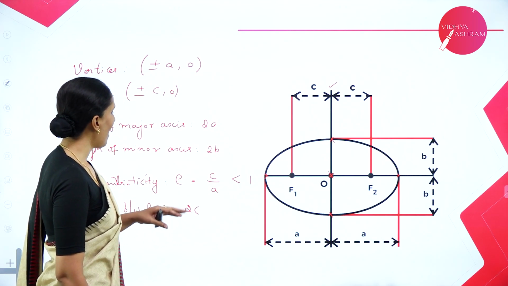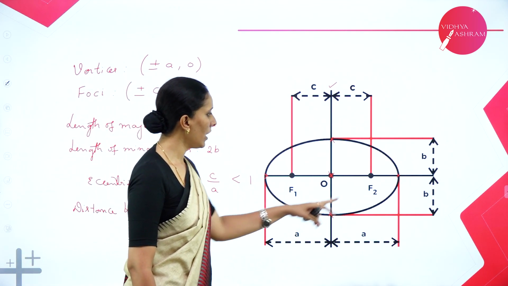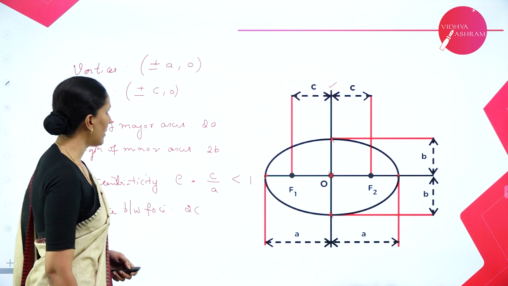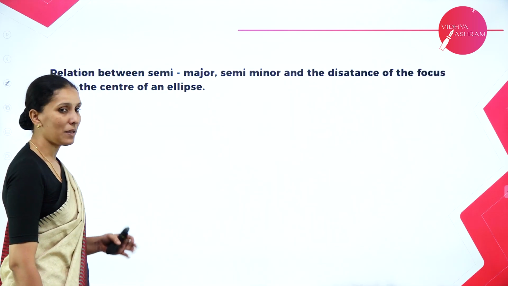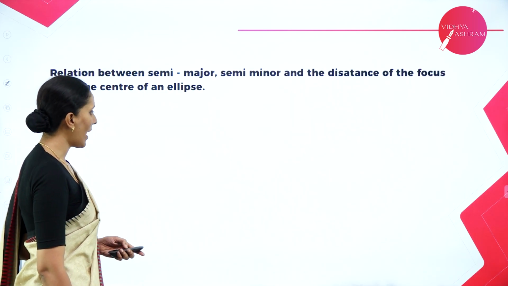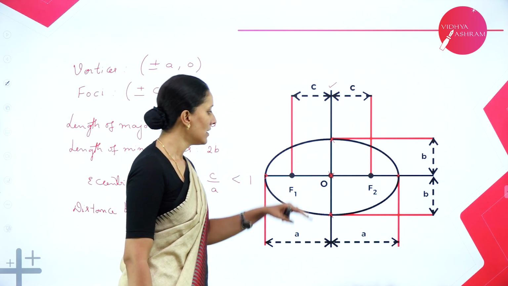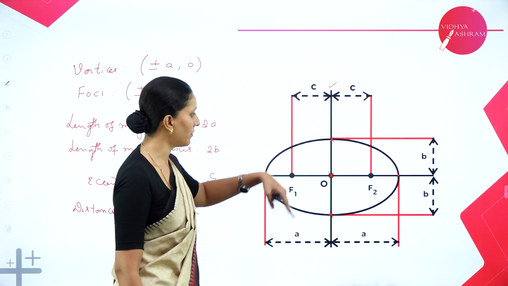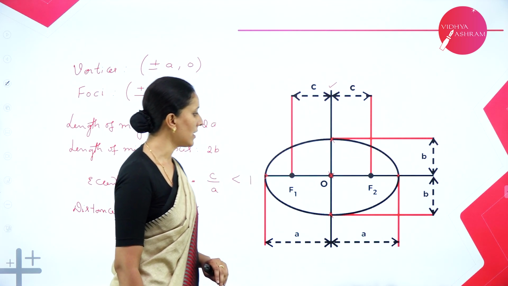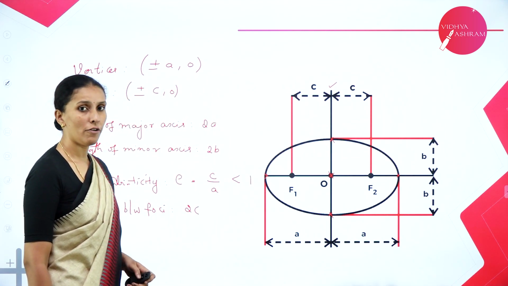So, now we have a relation between A, B, C, that is the relation between the semi-major, because it's a major axis here. So, semi-major means half of the length. Similarly, semi-minor again half of the length, and we have here C, that is the distance of the foci from the center.